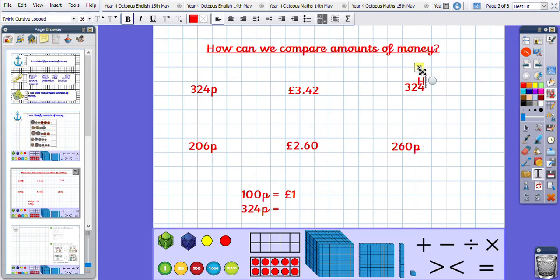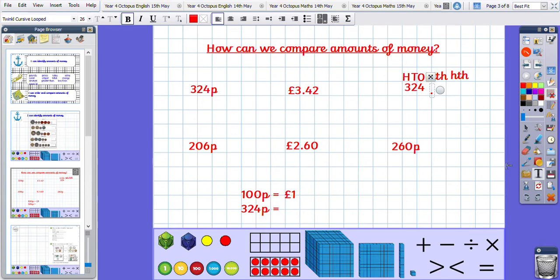So hundreds, tens and ones, tenths, hundredths, and our decimal point. Our number at the moment is 324.